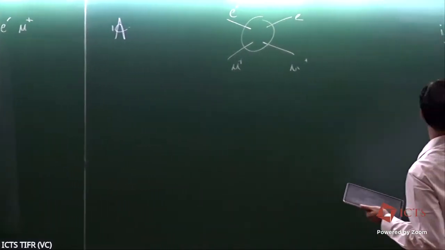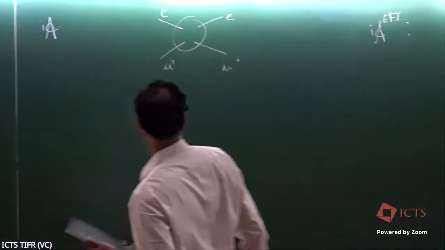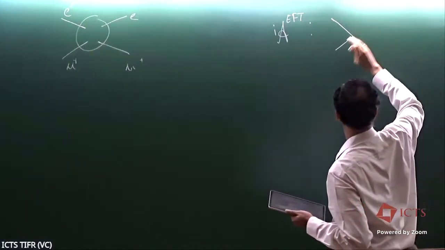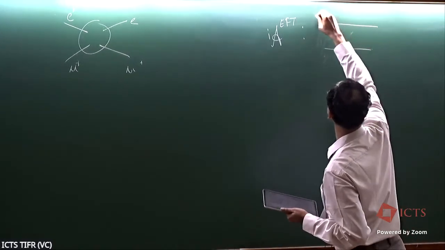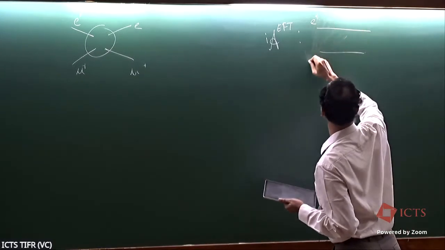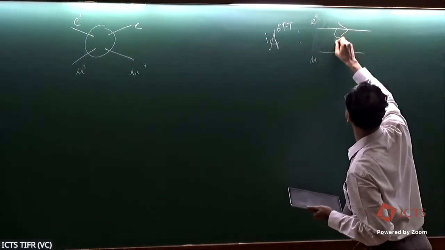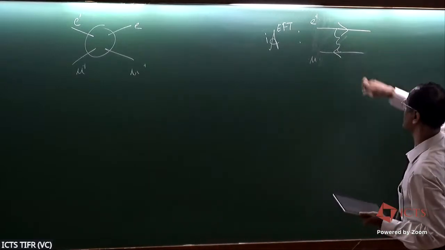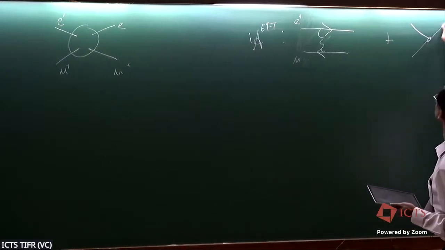So E in the EFT is, so it's coming from the, let's see, so I can have these Coulomb-like exchanges, and the second contribution will come from this contact interaction.